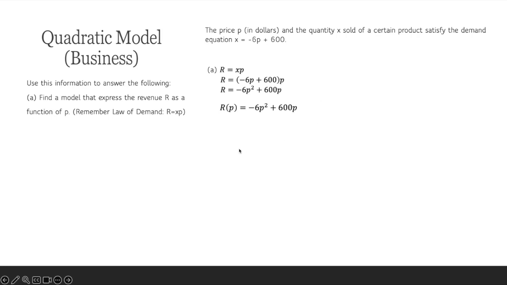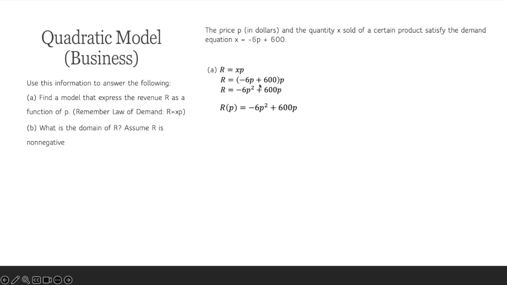All right, so this is your model. You express the model. Now they're asking, what is the domain of the revenue? Revenue is always the money that entered into the business by selling a product at a certain price. So the revenue is always non-negative, it can be zero, if you didn't sell anything, or a positive number.